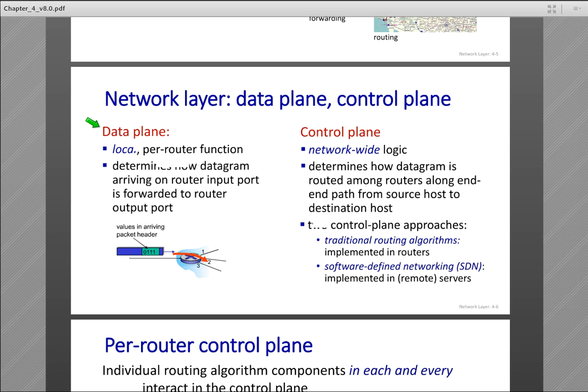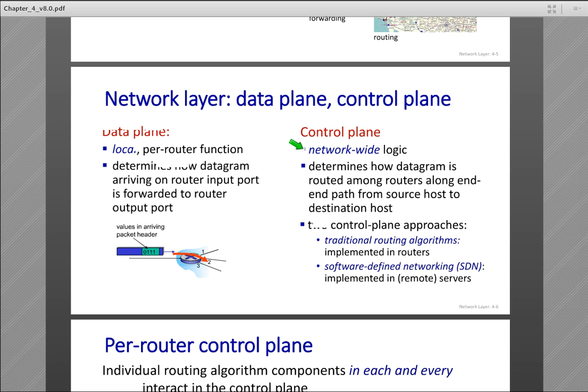This is the data plane: handling an arrived packet. But there is another main and very important plane. We call it the control plane. It's a network-wide logic. What does it mean?